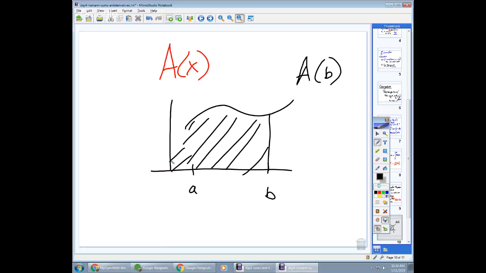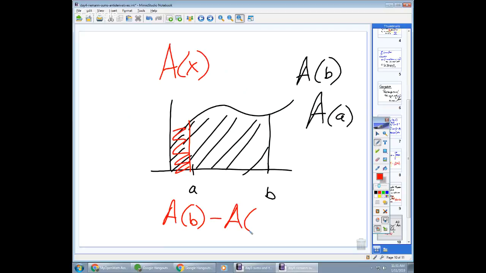And technically it can go all the way back to 0. Now, what if I evaluate the area at a? That would be this stuff over here. So if I say what is the area at b minus the area at a, shouldn't that be just the stuff left in the middle there?